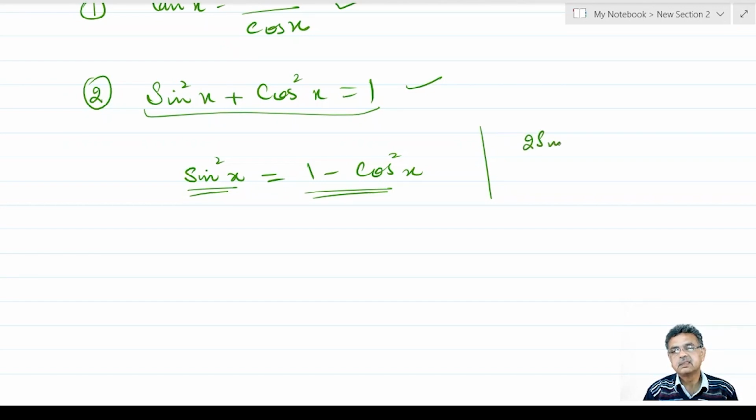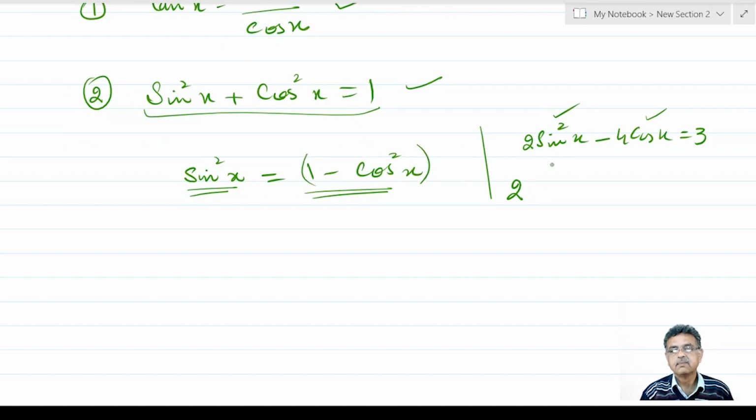Like if it is given 2 sin square x minus 4 cos x equal to 3 or something else, and it is asked to express this expression in terms of cos x. So we cannot leave sin x there. That's why it is asked to express in terms of cos x. So this sin square x can be replaced by its value, this one.